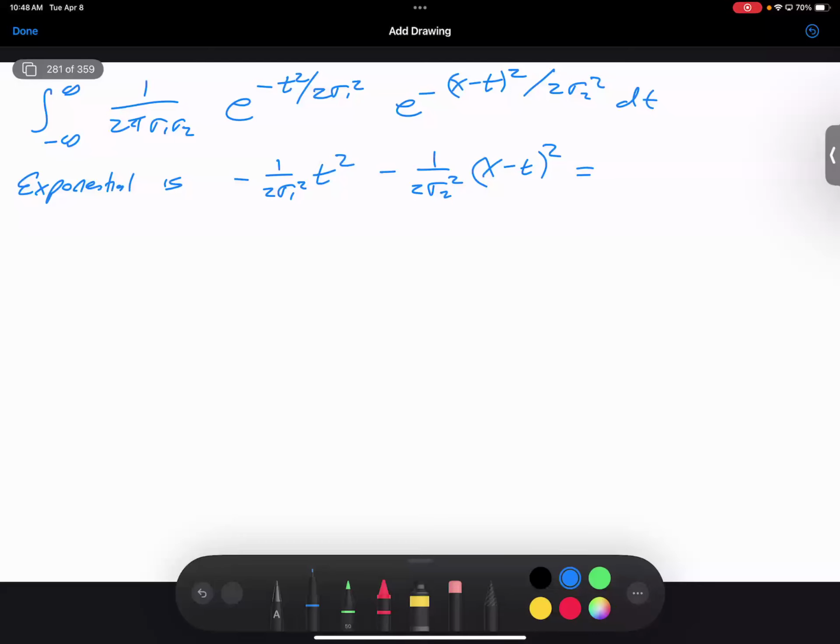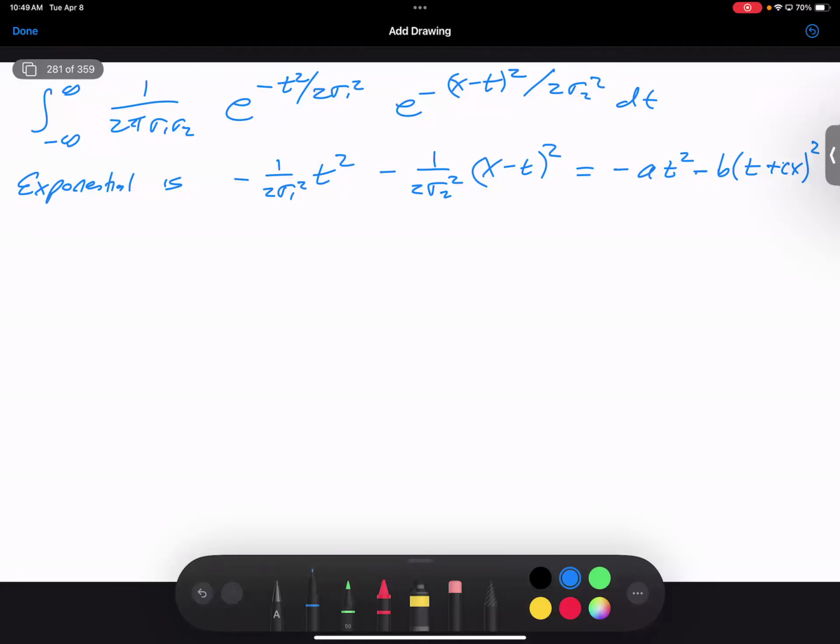And I claim this equals minus a t squared plus b t minus x squared. And actually, I'll make that a plus. I'll make that a minus b. So I claim, oh, sorry. I need to put in a c over here. Plus c x squared.